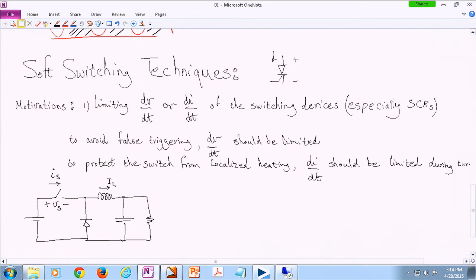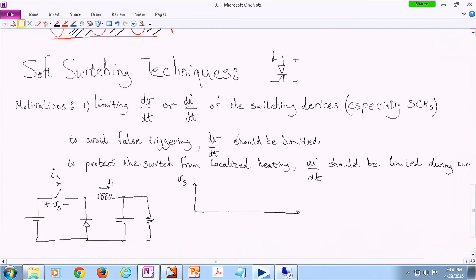And this is the current of your inductor. So this is happening during turn off, for instance. Let's assume that this is a relatively ideal switch.